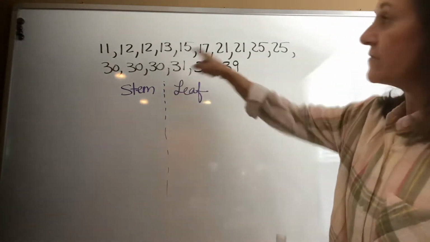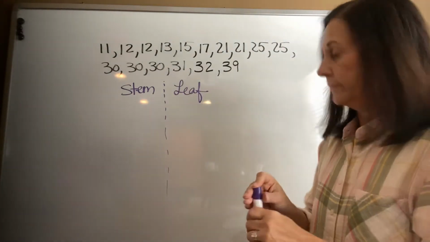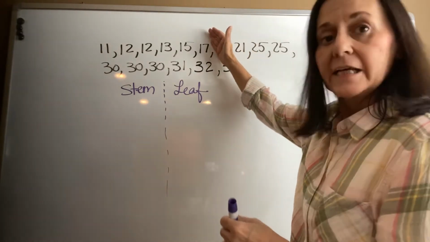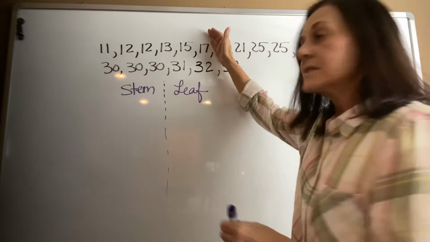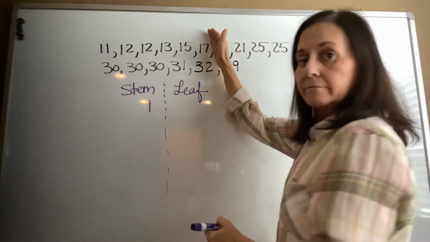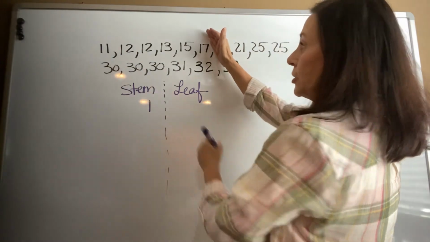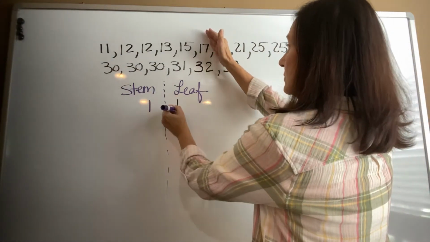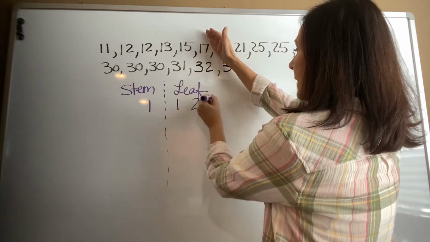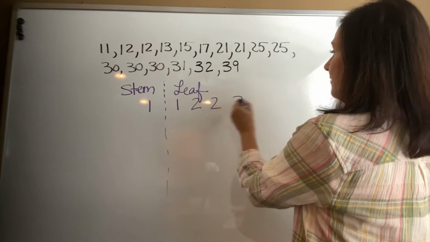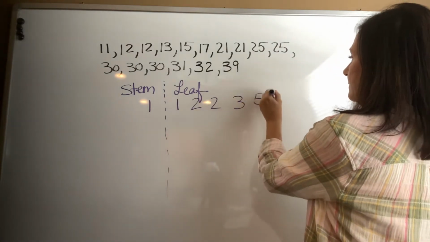So looking at these values that I have here, in all of these first 6 digits, the stem is 1. So I write the stem 1 time. Then I write the units digit as my leaf. So just evenly spaced. I do repeat if it is repeated.